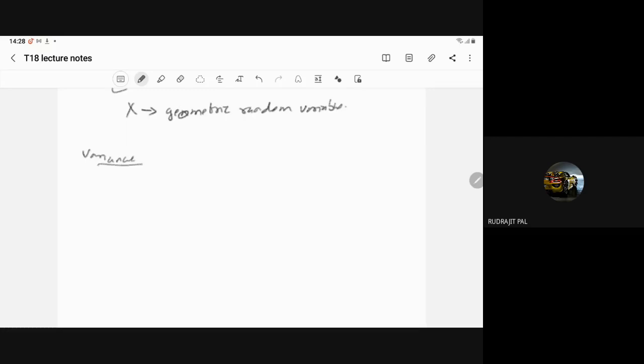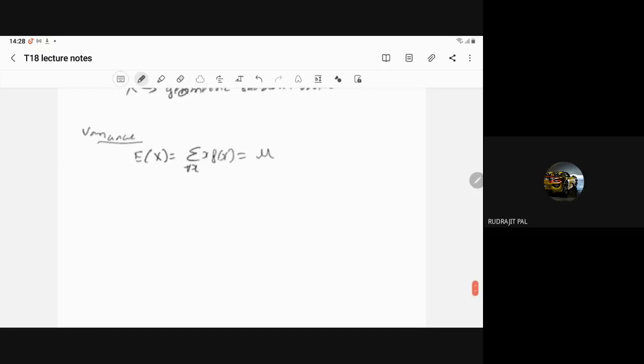Just before this question I gave you the idea of expectation. The expectation of any random variable is the summation over all x of x into f of x. We generally denote it by mu, and it is known as the mean, or the average, or the expected value.